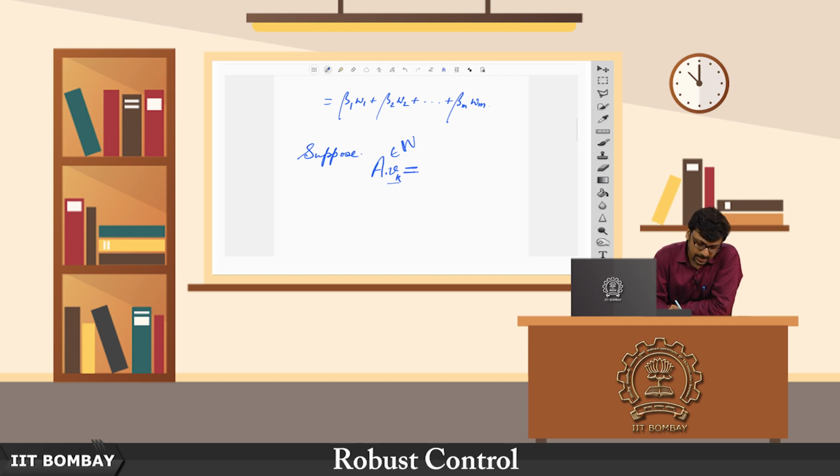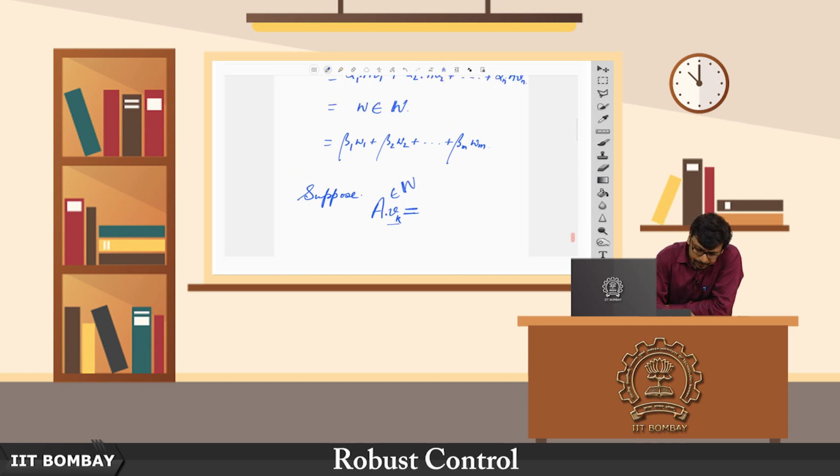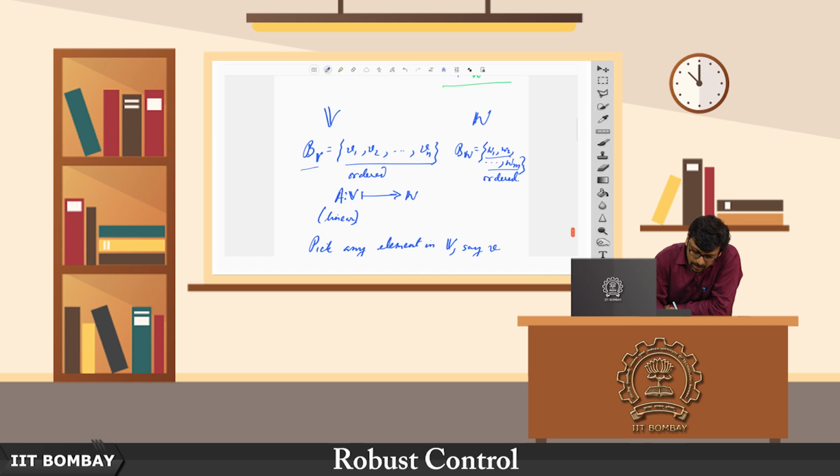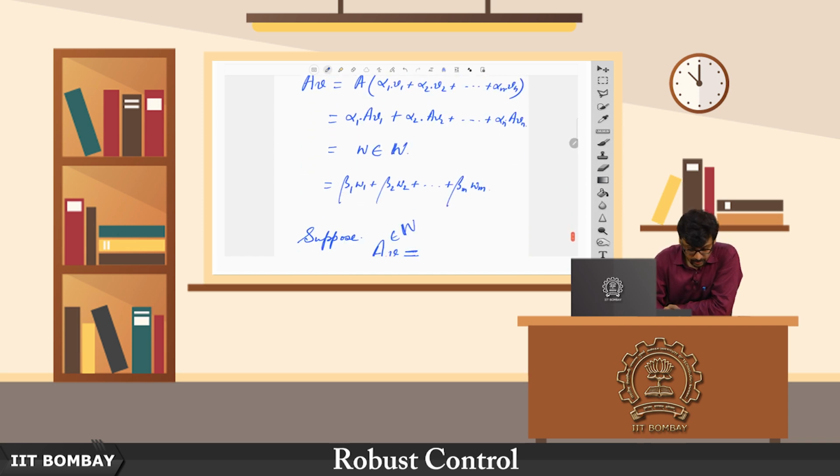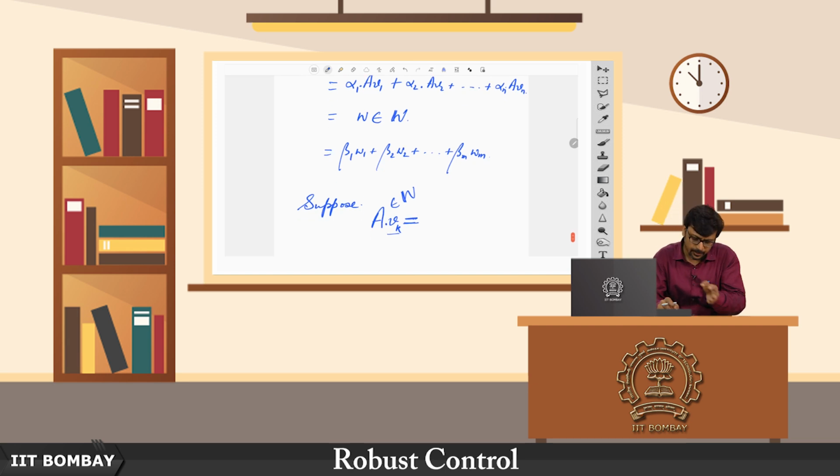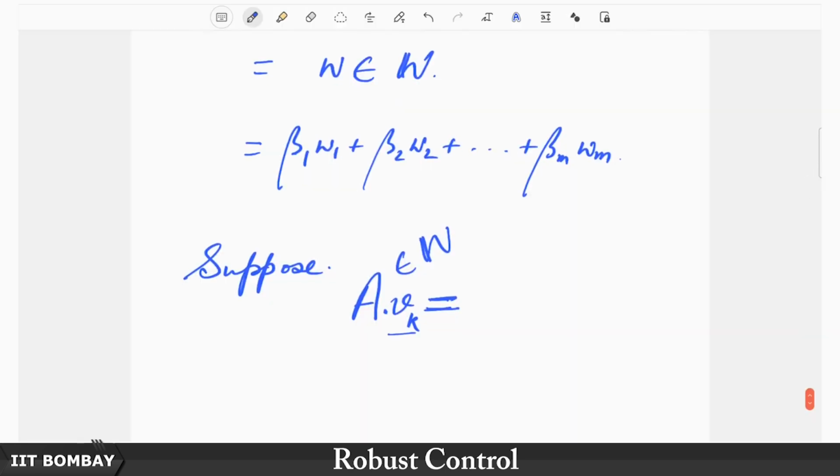If this belongs to W, then I can write it as a linear combination of the elements in BW. It's just a bit of bookkeeping: the elements V1, V2, Vk, whatever I am describing, belong to the vector space V, but once they are acted upon by this linear map, they start belonging to the vector space W, the codomain.